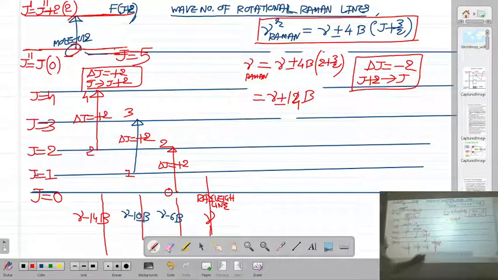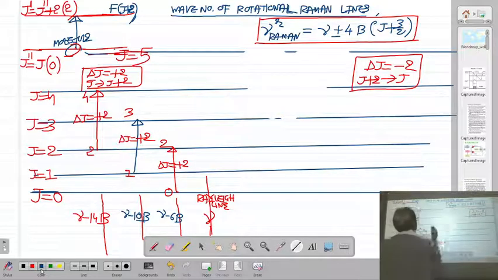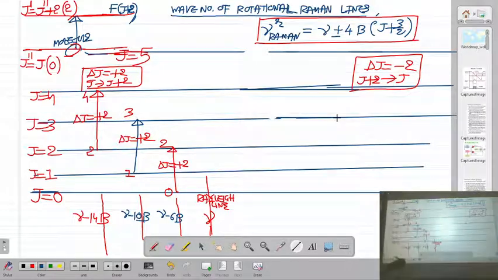Similarly, these rotational lines, whose wave numbers are nu minus 6b, nu minus 10b, nu minus 14b, are called Stokes lines. Sorry, I first said anti-Stokes, but these lines are known as Stokes lines because the wave number is less than the wave number of the Rayleigh line.